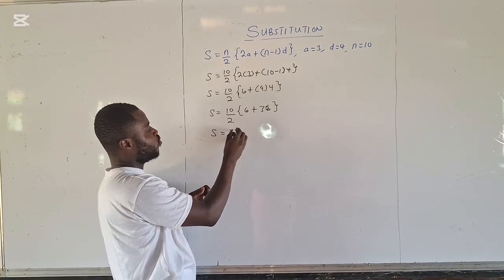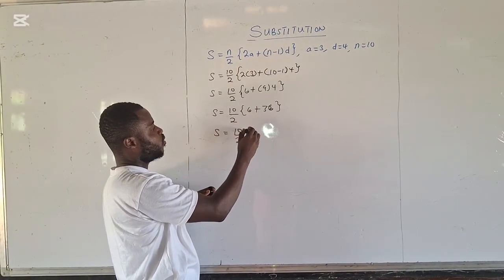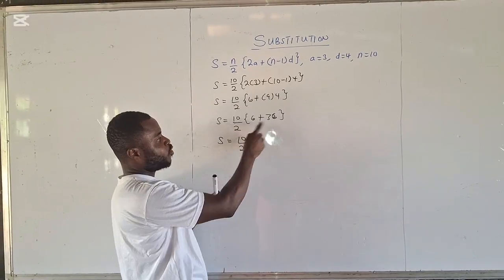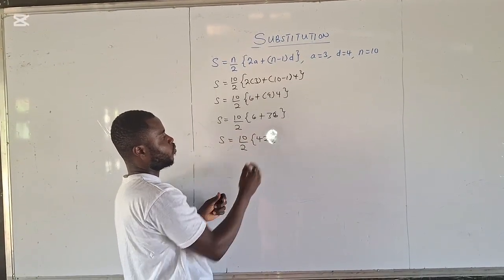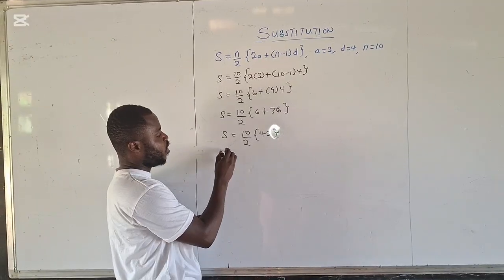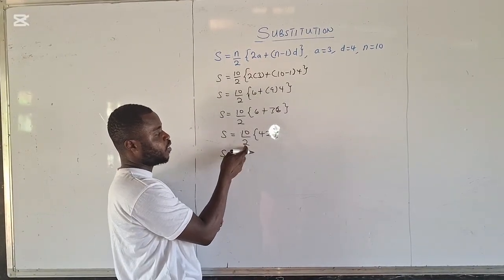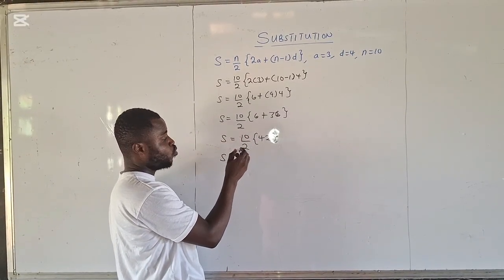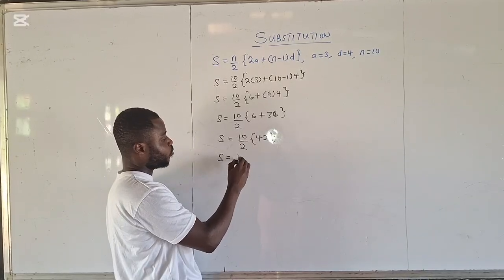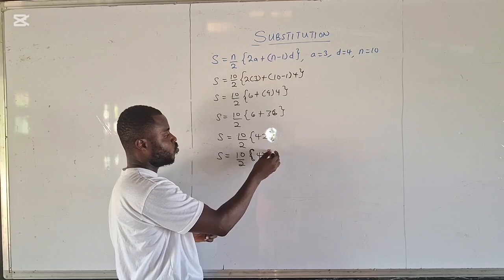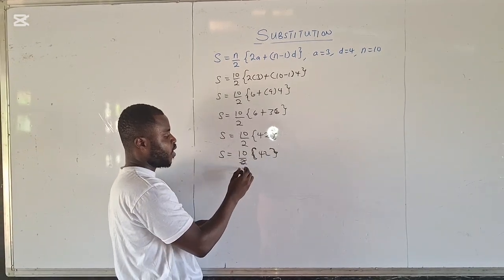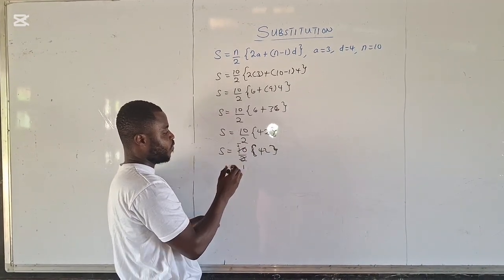Now our S is equal to 10 on 2, bracket open 6 plus 36, which will give us 42. Now, outside the bracket, 10 over 2 times 42. 2 divided by itself 1, it will divide here 5.